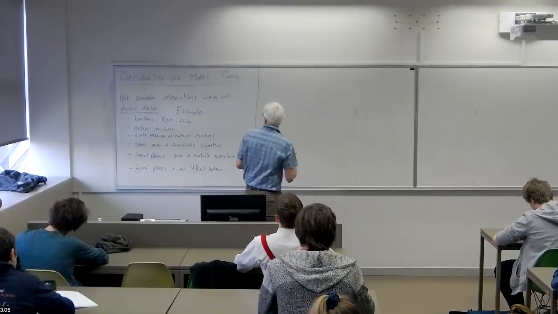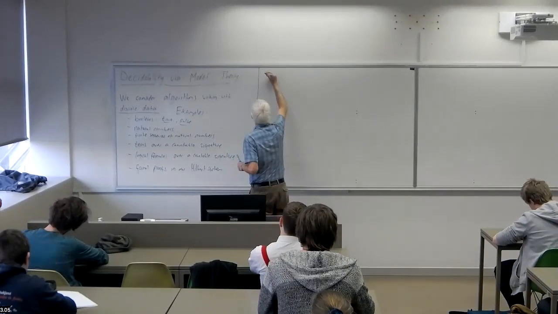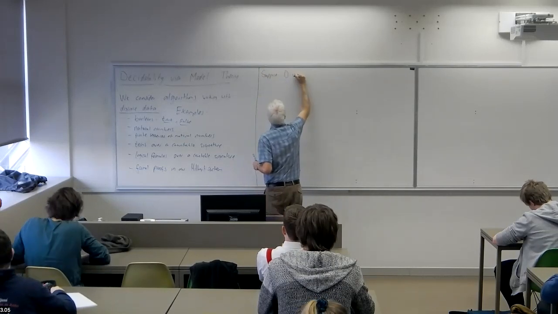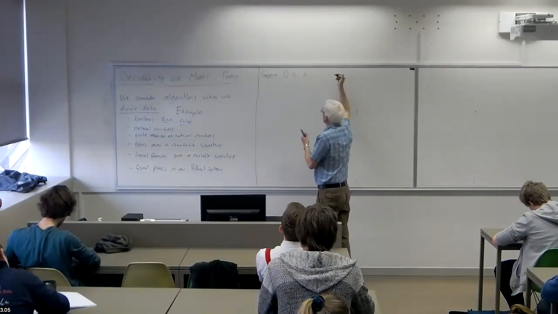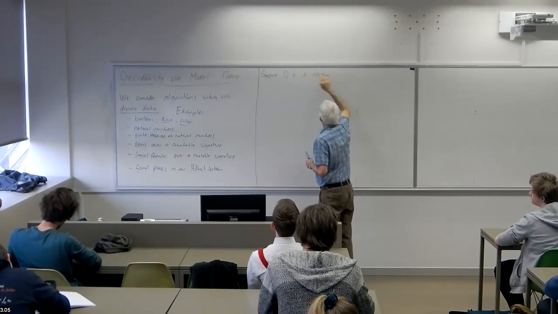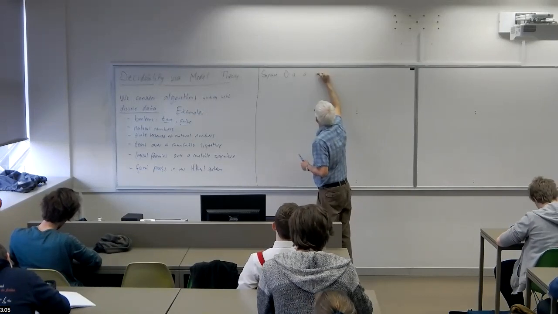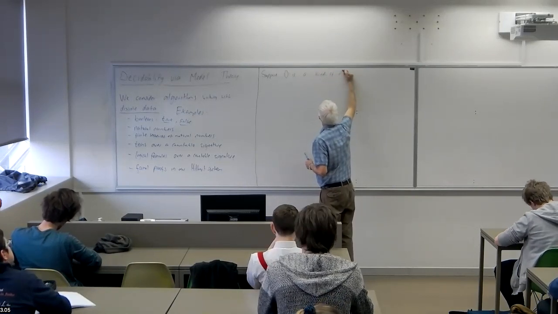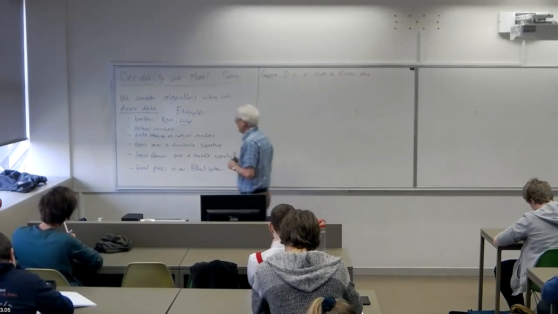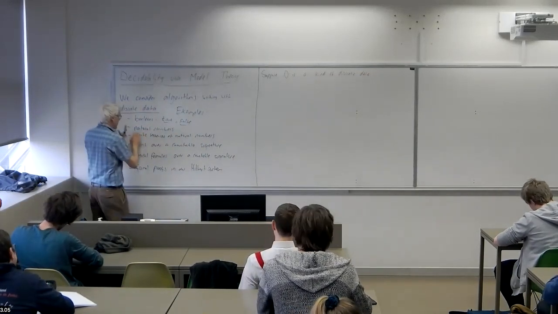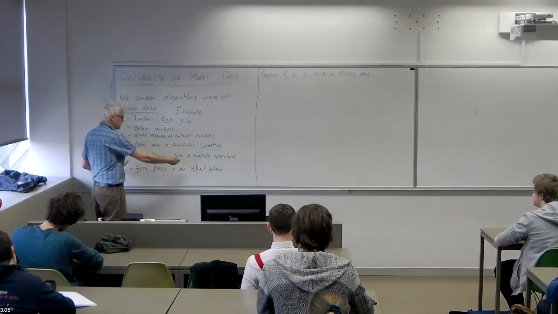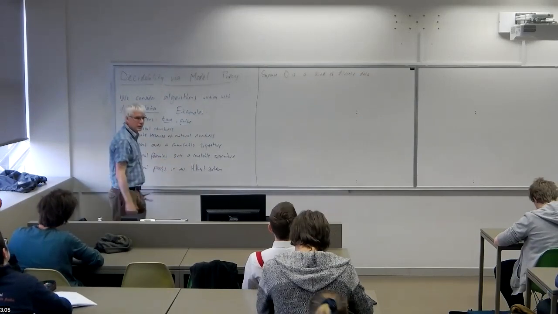So in order to do this in a nice general form, let's suppose D is a collection, or let's say a kind of discrete data. So it could be the set of Booleans, or the set of natural numbers, or the set of sequences of formulas, or something like that.